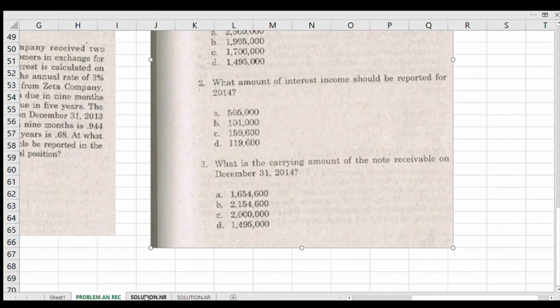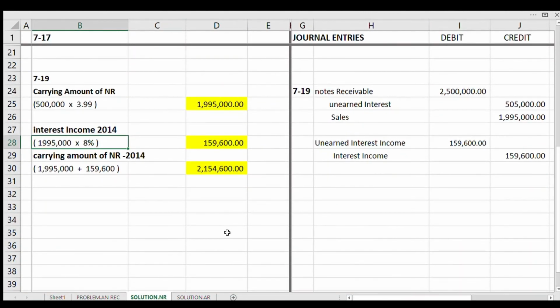And number 3, what is the carrying amount?